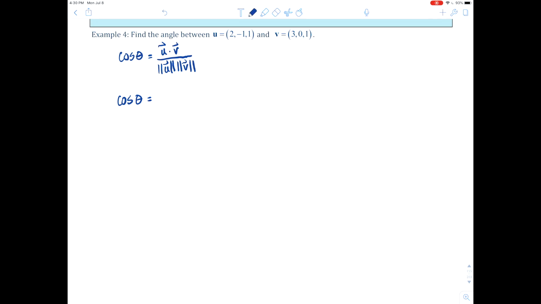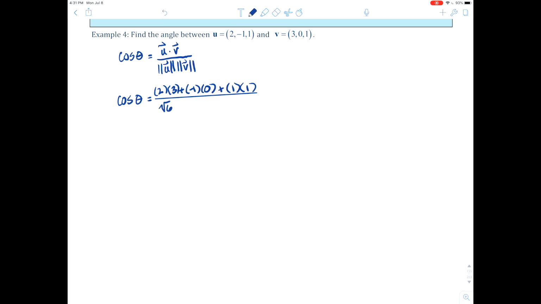So u dot v is going to be what? Well, 2 times 3 plus negative 1 times 0 plus 1 times 1 over the magnitude of u will be what? 4 plus 1 plus, that'd be root 6.